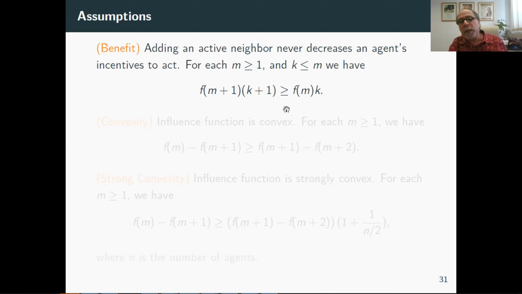And this is the total effect before I introduce another friend that takes the action, okay? So M is the number of friends, of neighbors? M is the number of friends that an agent currently has, okay? And K are those who take the action. Okay, thank you. So I increased M by 1, and I increased K by 1, and the total influence increased relative to the case when I did not have this friend at all.